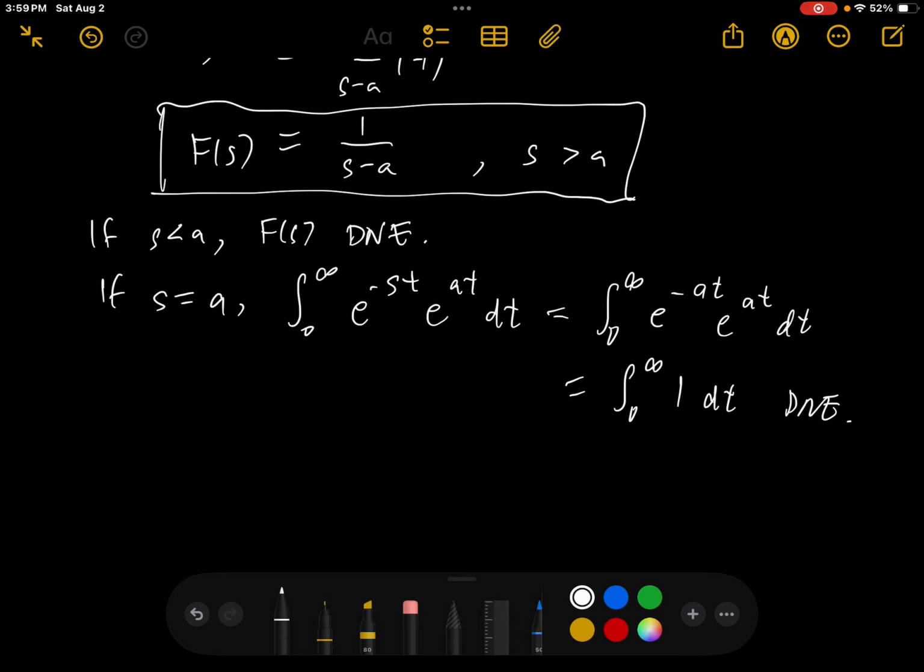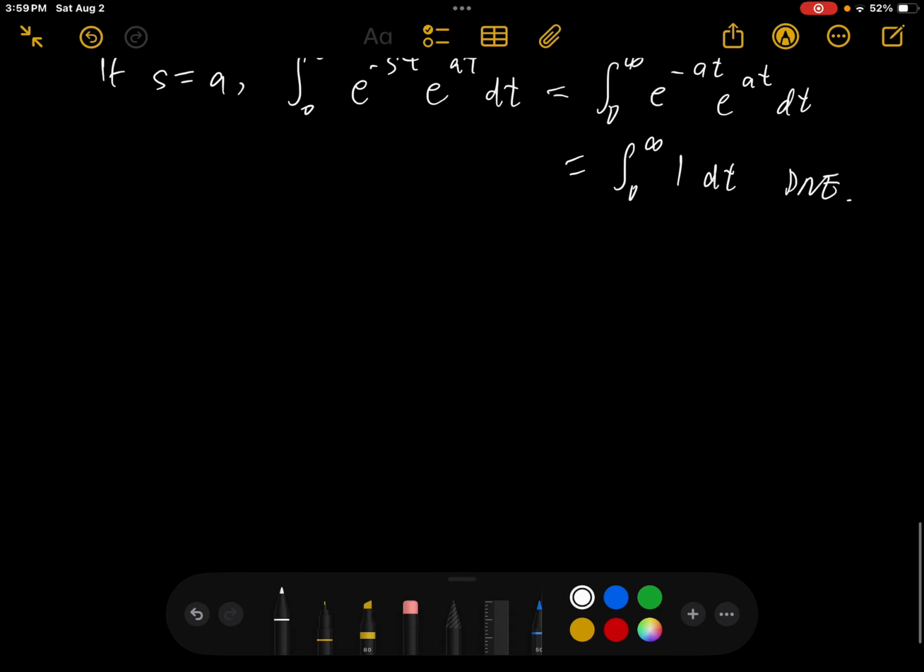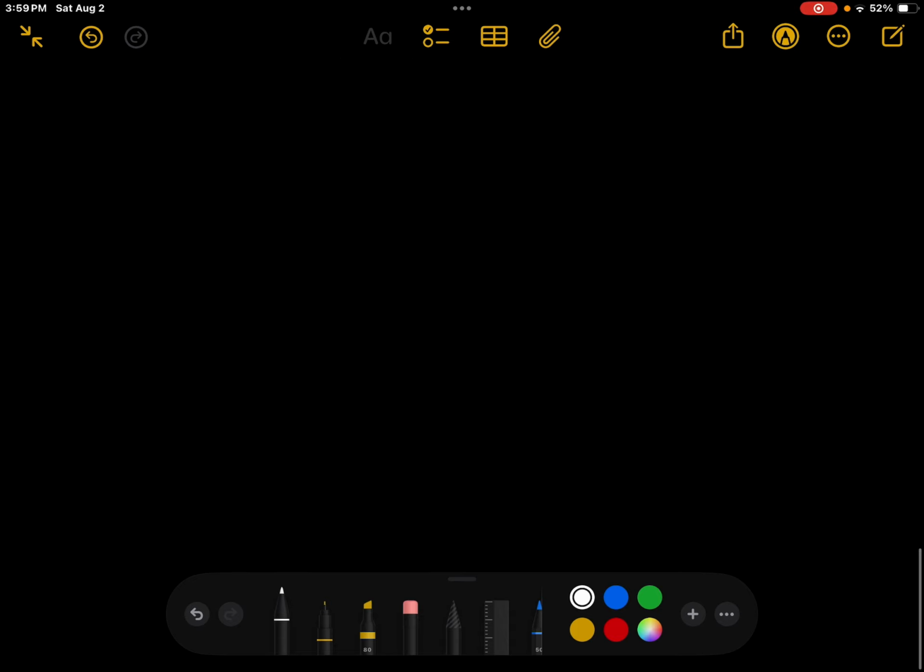Okay. A couple more examples of computing the Laplace transform. Let's calculate the Laplace transform of sine of bt, where b is a constant. So again, we're going to use the definition.